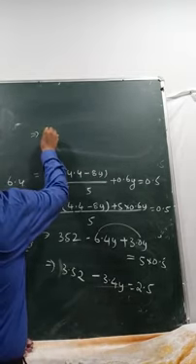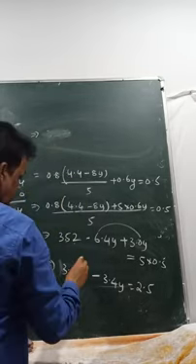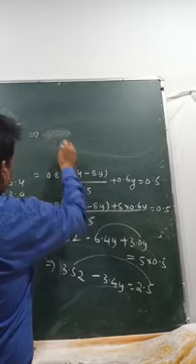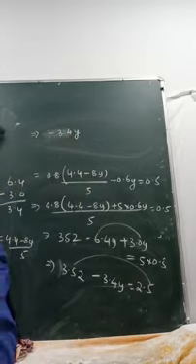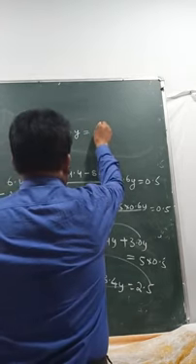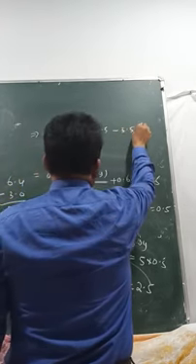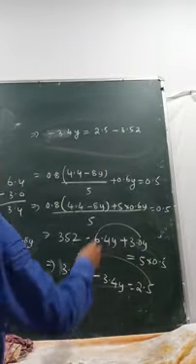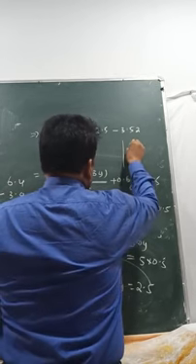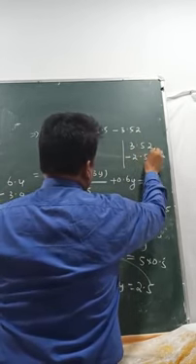So how much you will get? Implies 3.52, or we will take this number to right side, like term, minus 3.4y equals to 2.5 minus 3.52. So how to subtract? Look at this is bigger number. So write here 3.52 minus 2.50.